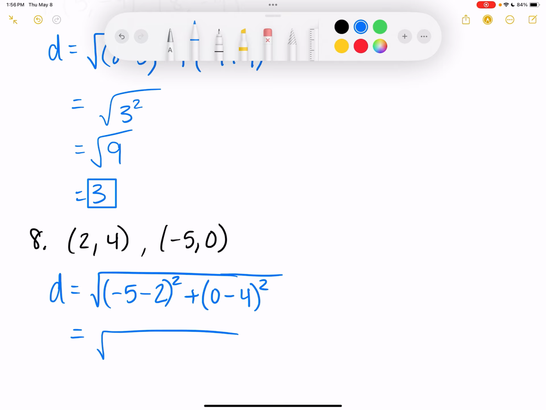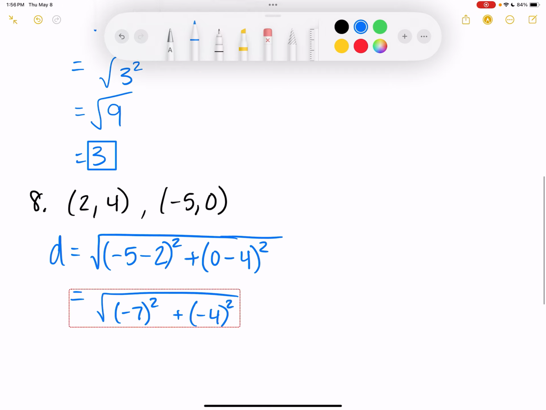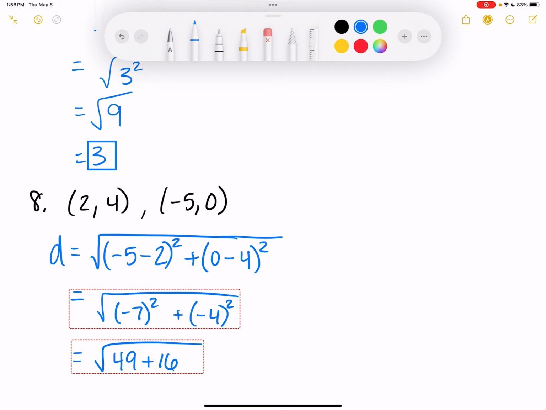So I've got over here -5 minus 2, I've got -7 squared plus -4 squared. That's -7 squared, 49, and then -4 squared, 16. So 49 plus 16 under the radical.